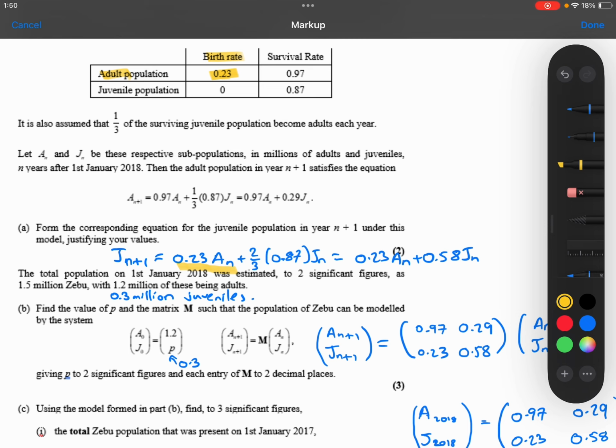So that's why we've got those new juveniles here that are being born. Plus we've got the juveniles that survived last year, so 87% of them. But remember that 1/3 of them became adults. So there's only 2/3 of them that are still juveniles. So 2/3 of 0.87, which is the 0.58. So 58% of the juveniles from the previous year are still juveniles.